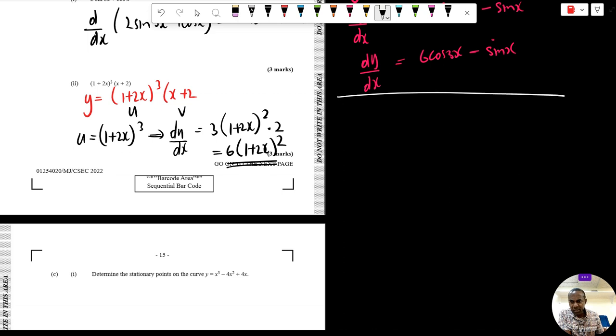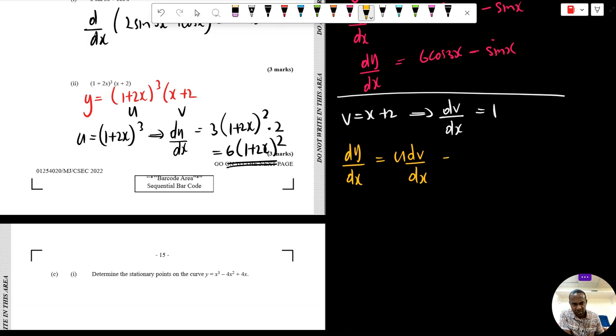Continuing, we'll see that v is equal to x plus 2, which therefore means that dv by dx is equal to 1. And of course, by the product rule, we say that dy by dx is equal to u dv by dx plus v du by dx.